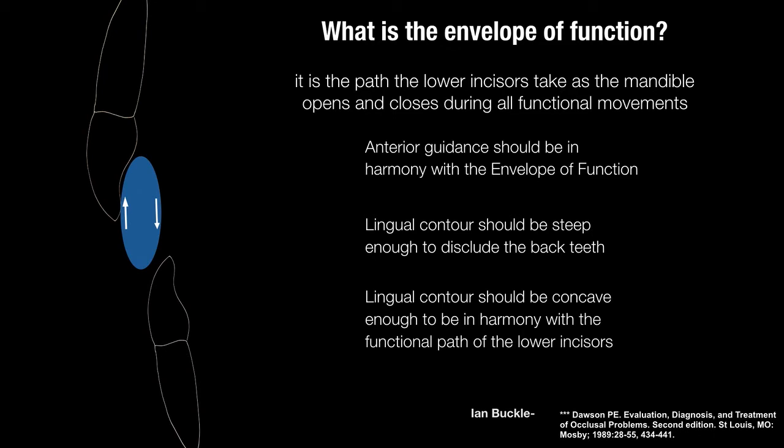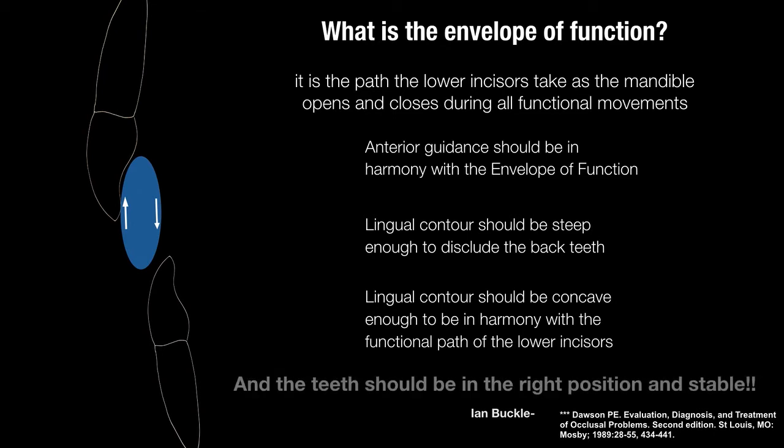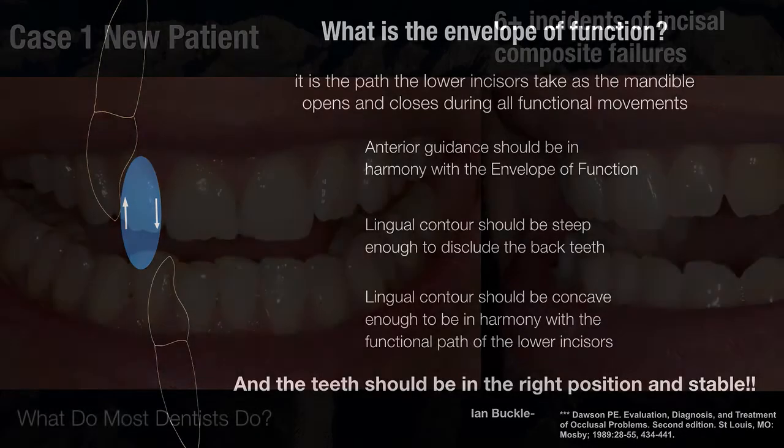A 2 millimeter overjet is very important for the envelope of function, and the tooth angulation should also be important. What we don't want is to have these teeth colliding as they're moving around through their functional pathway. So as I said, teeth should be in the right position, and here's the other key, also stable, not slowly moving.